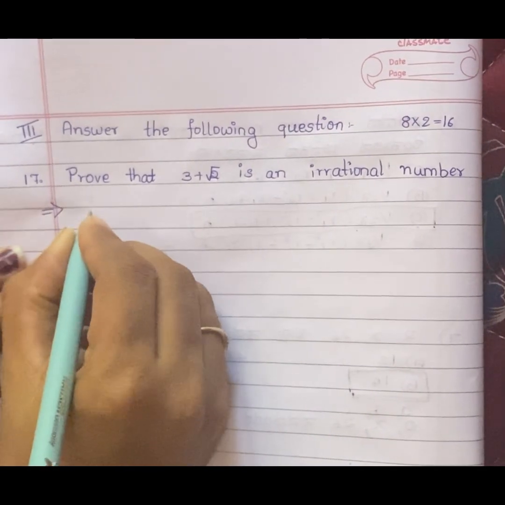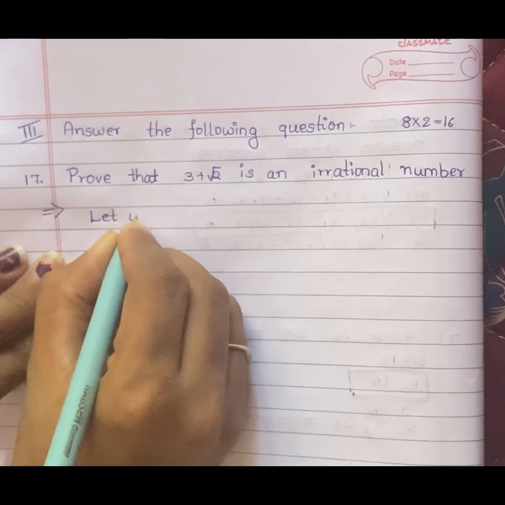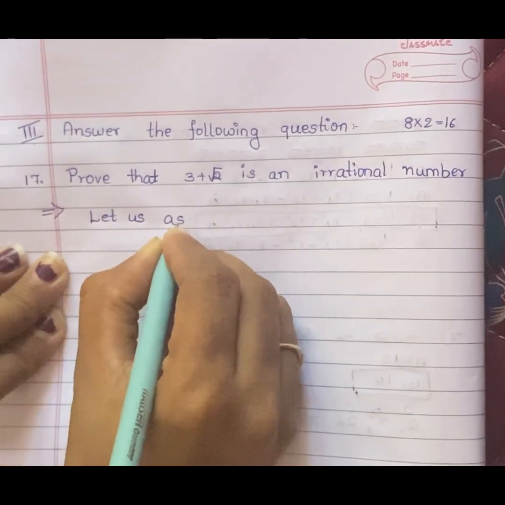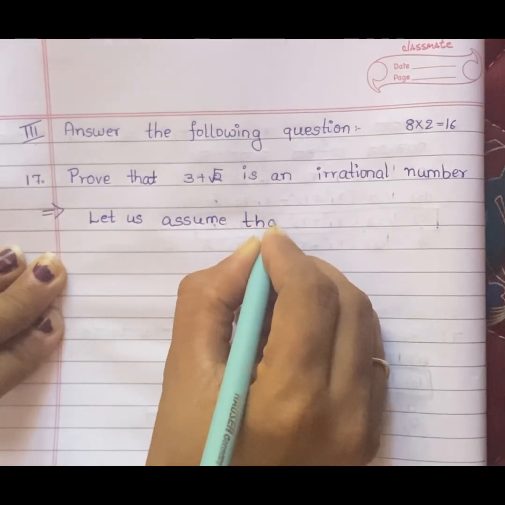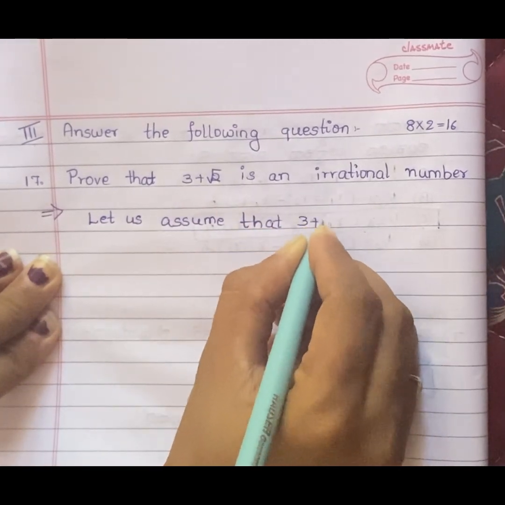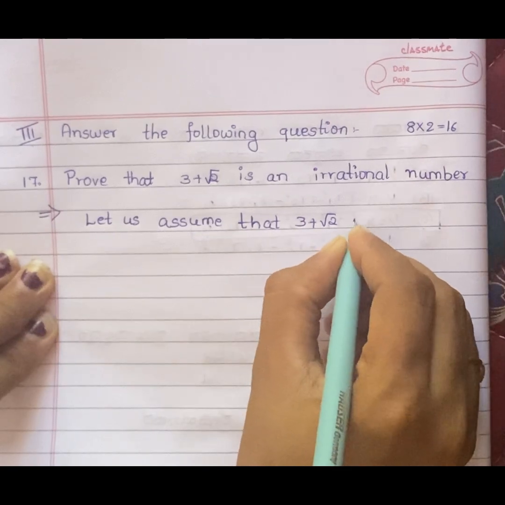So first I'll write, let us assume that 3 plus root 2 is a rational number.